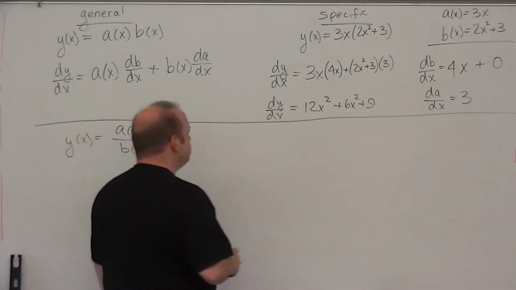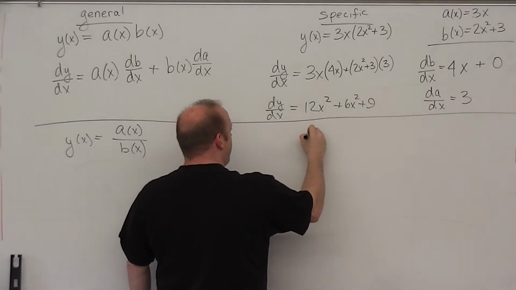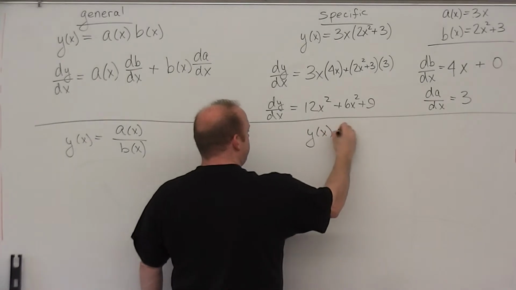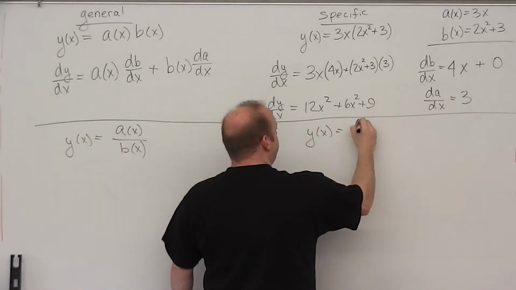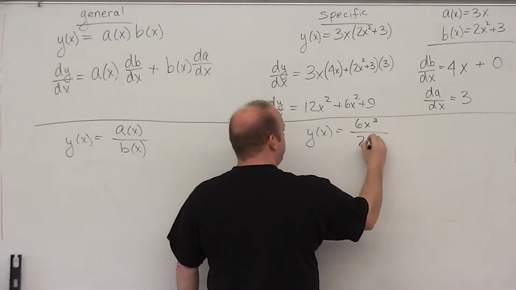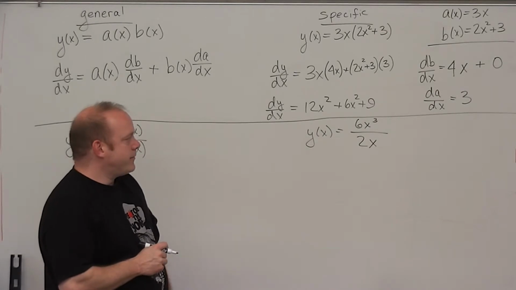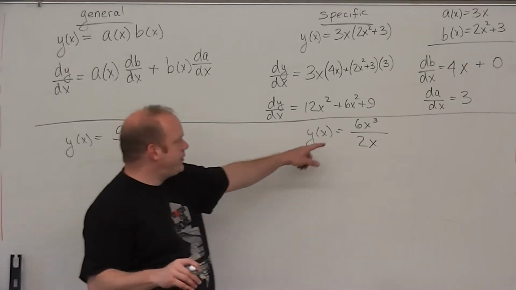So now, let's just say that y of x is equal to 6x to the third over 2x. Now, let's just figure out what this is initially.